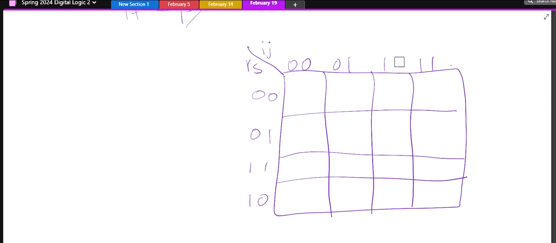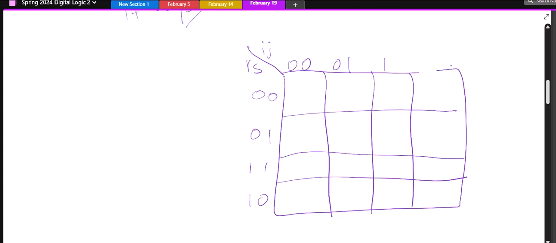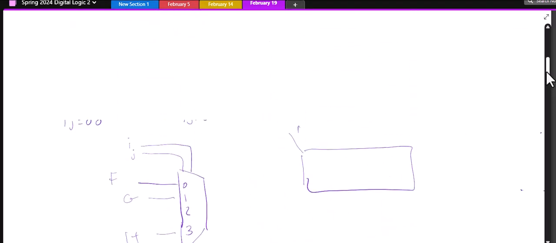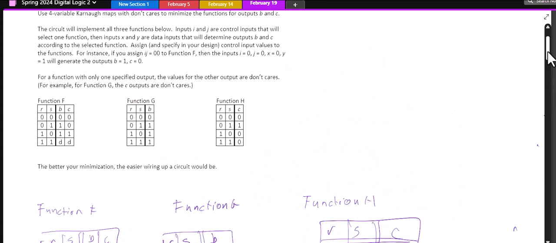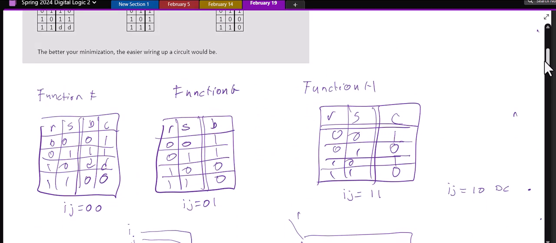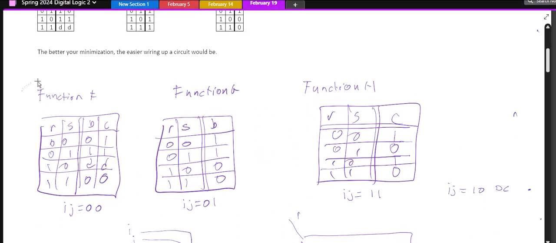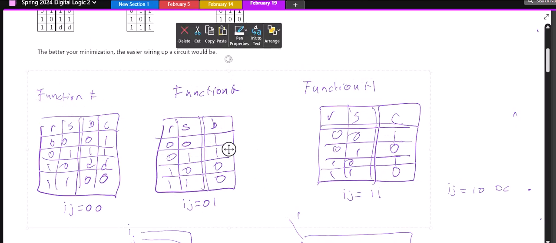I have these backwards up here. And here are my functions.